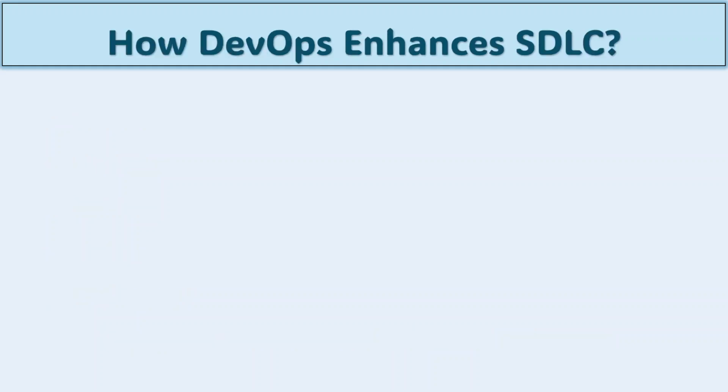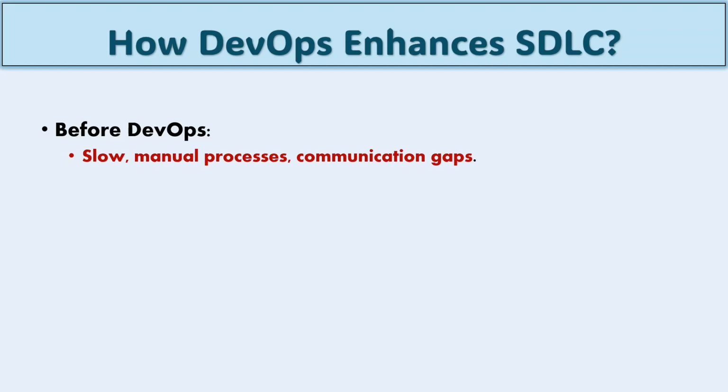Now let's look into how DevOps enhances software development lifecycle. To understand this, we will see how it was before and after DevOps. Before DevOps, traditionally software deployment was slow and manual, often leading to delays and inefficiencies. Manual deployment took time and effort.